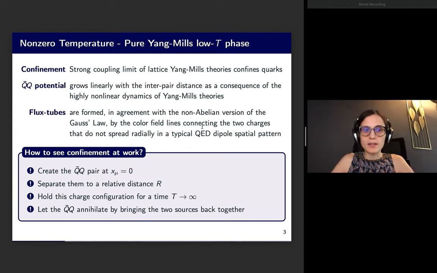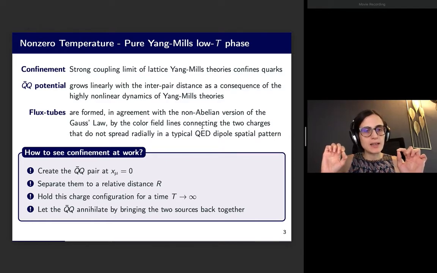So we create the Q Q-bar pair at x^mu equals 0, then we can separate them at a relative distance r, and then we can hold this charge configuration in time for a very, very long time, in the limit of t that goes to infinity. Please note that I'm using t for temperature and for the distance in the time direction between the charges, but it should be obvious what I'm referring to.